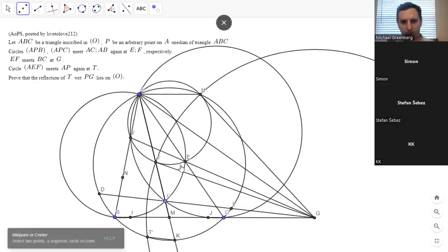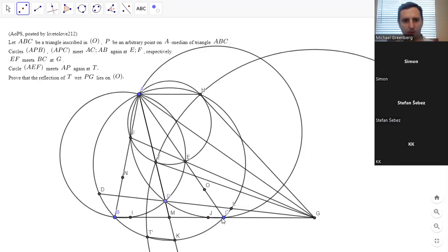Maybe it's worth trying the other one. I could try to show ANPO is cyclic. Or ANOH, or I don't know.